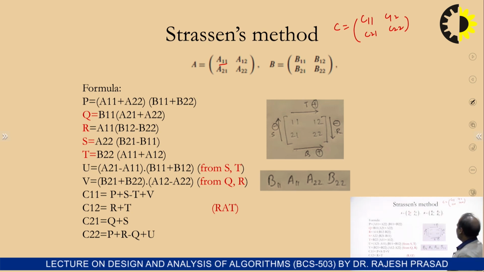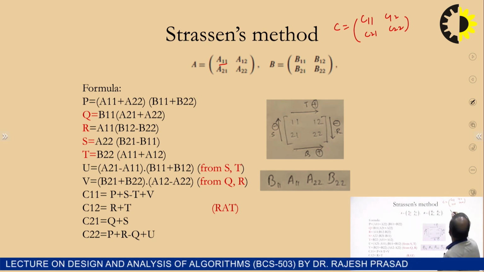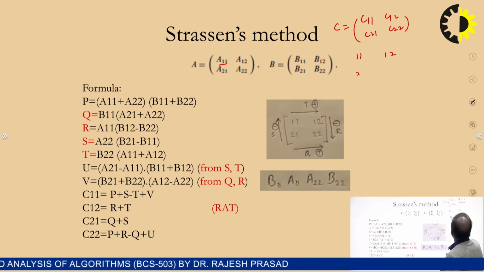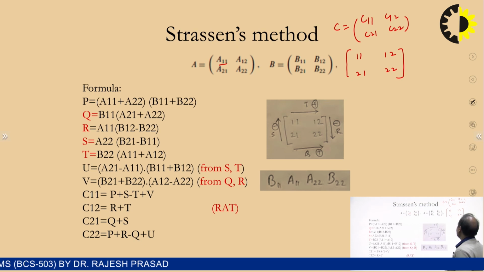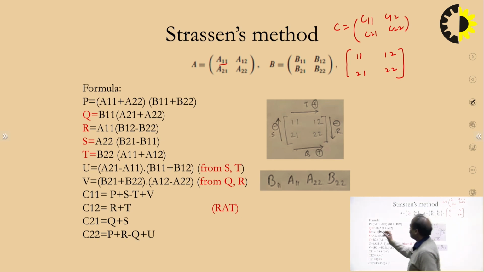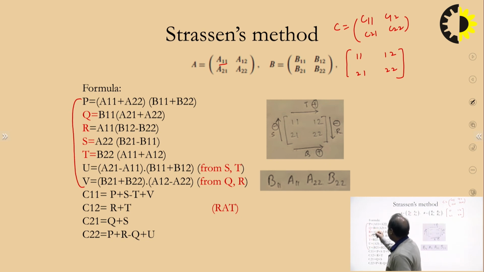So what we are assuming is this auxiliary method for 11, 12, 21 and 22. We are going to have seven individual components: P, Q, R, S, T, U, V. What is P?